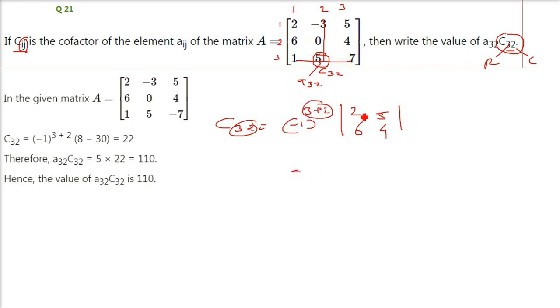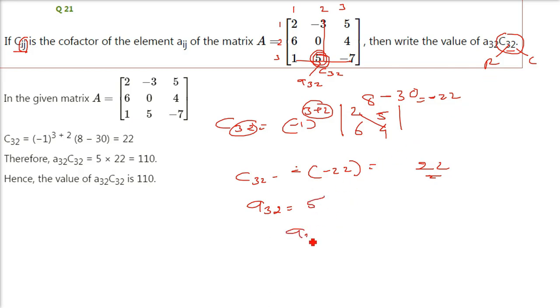So 4 into 8 minus 5 into 6 is 30. 8 minus 30 is negative 22. Since it is already negative, negative of negative is positive, it will be 22. Now this is C32. What is A32? It is already there. It is 5. So the multiplication of A32 with C32 is equal to 5 multiplied by 22. So that is going to be 110.